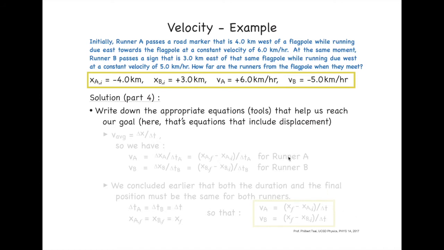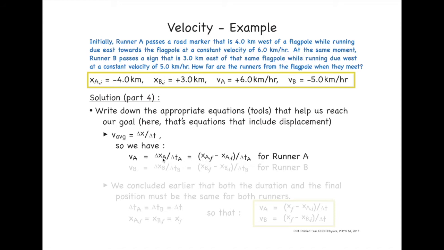In this case, those tools are equations that include displacement because that is what we are trying to solve. Our definition of the average velocity is displacement over duration, change in x over change in time. So we could use this for each runner. The average velocity for A is how far they've run divided by how long it took them to run that distance.